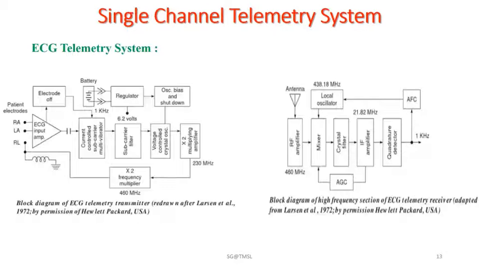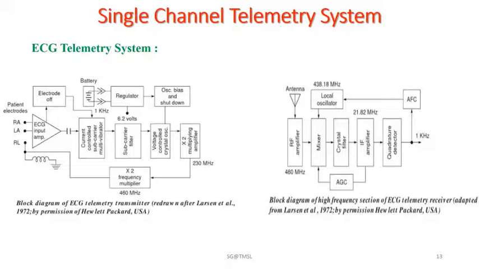Now move on to the next slide, where the single channel telemetry system is considered. On the left hand side is the telemetry transmitter section, and this is the receiver section. So for ECG telemetry purposes, this is the single channel. There are 2 types, single channel and multi channel.